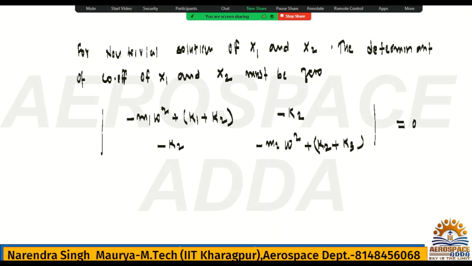Now if you know very well how to solve determinants, then if you solve this determinant, what value will you get? Check, I will write here.